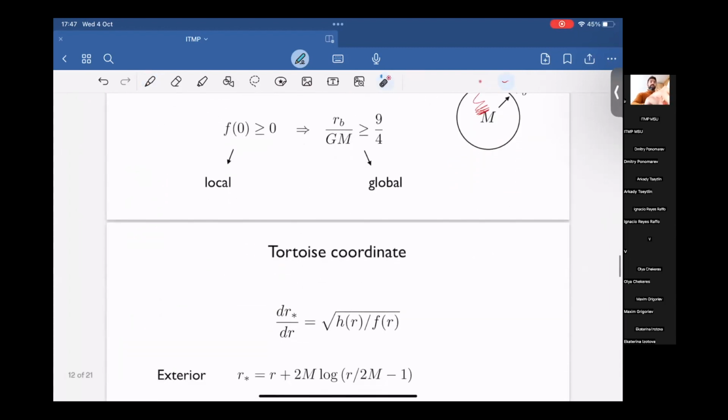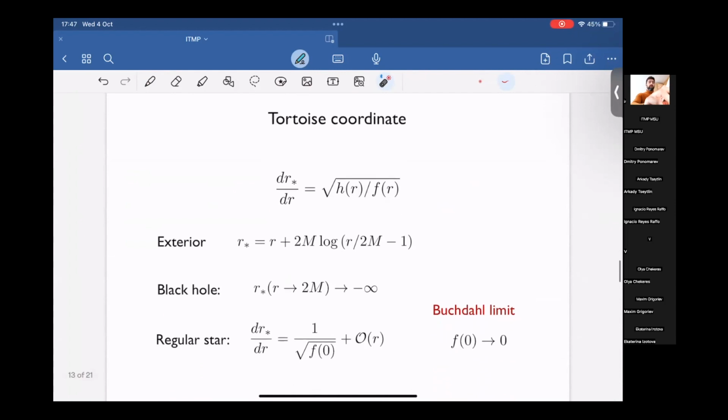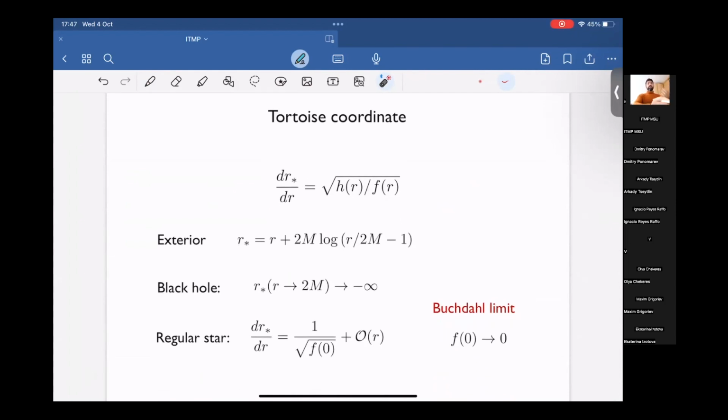So one thing that is very intuitive and very interesting to look at is what you do for the case of black holes. You define a tortoise coordinate, which you define in the standard way, using the 2 functions that appear in the metric. You're gluing this fluid solution to a vacuum outside.